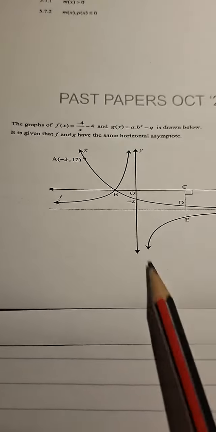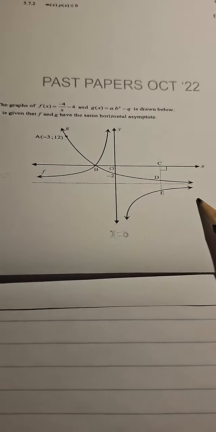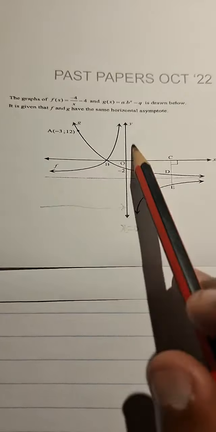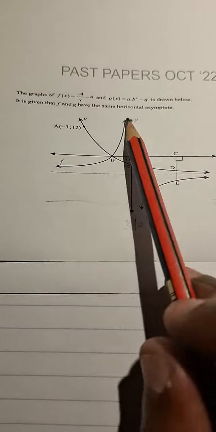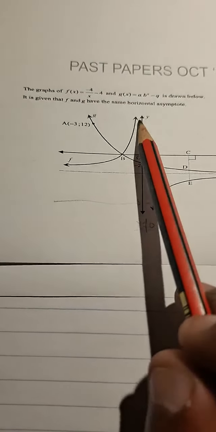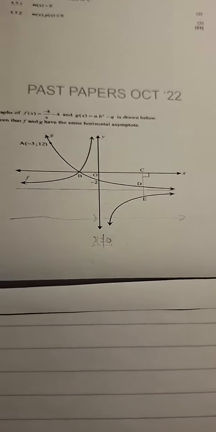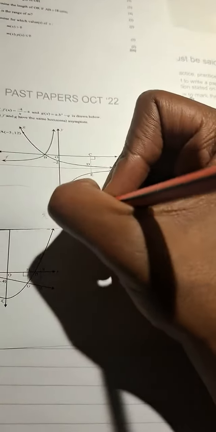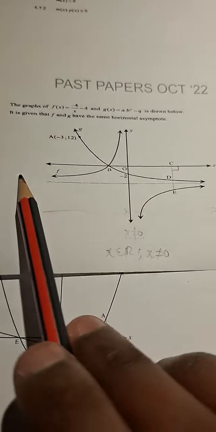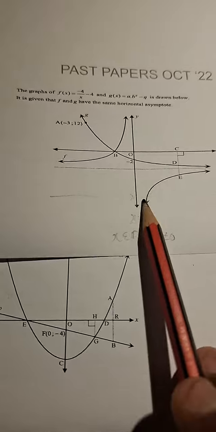The graph of f of x is equal to negative 4 over x minus 4, and g of x is equal to a times b to the power x minus 2, drawn below. It is given that f and g have the same horizontal asymptote. Look at f. Here, a is negative. Remember we said when a is less than 0, we expect to find the function in the second and fourth quadrant.